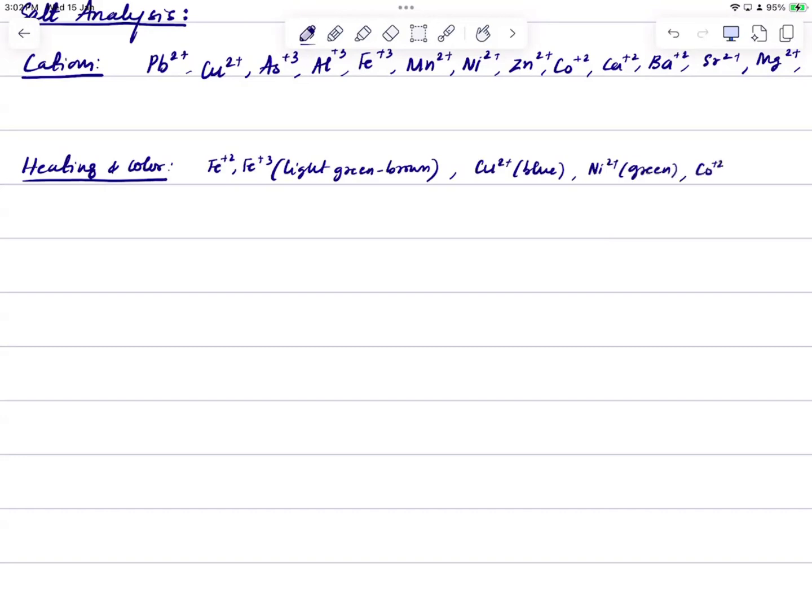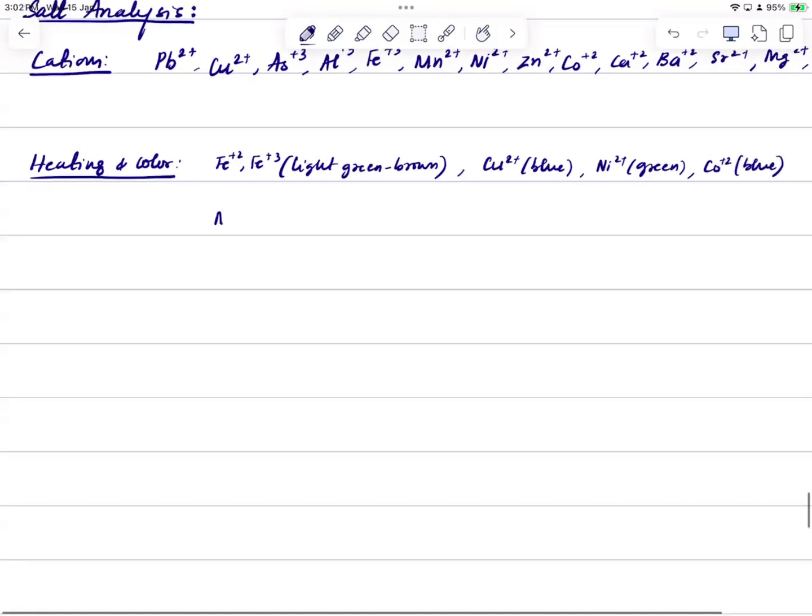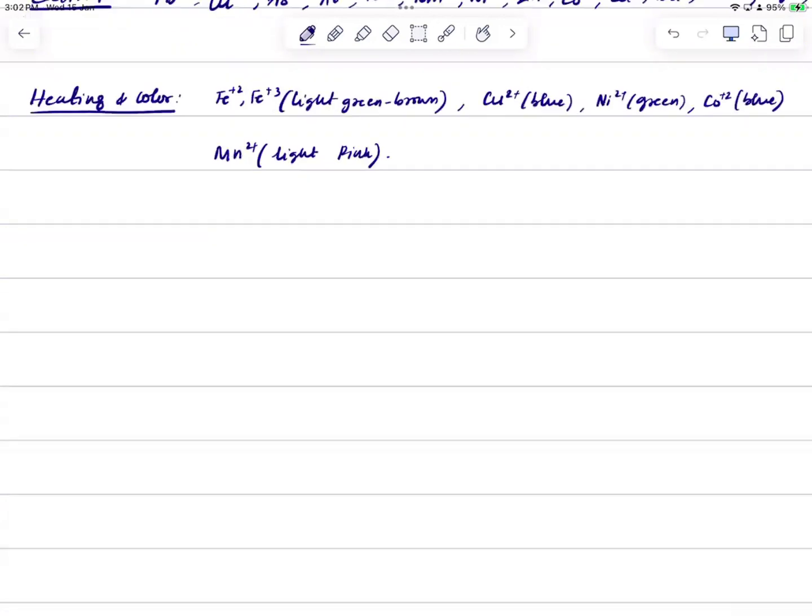And cobalt 2+ is going to have a lot of colors, but typically again blue color. Manganese 2+ is light pink color. Okay. These are characteristic colors of metals.